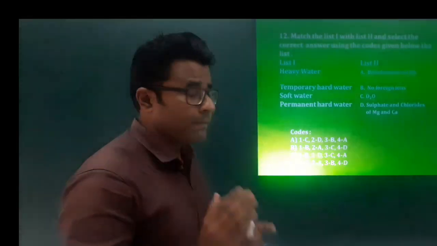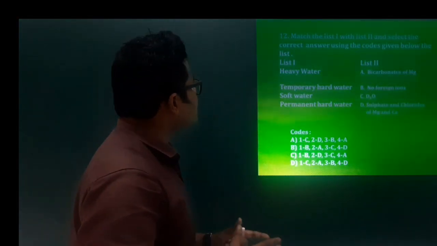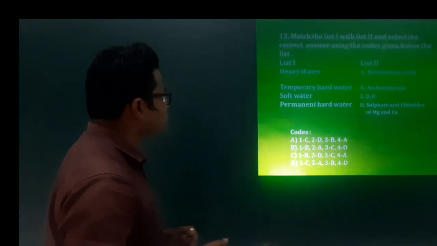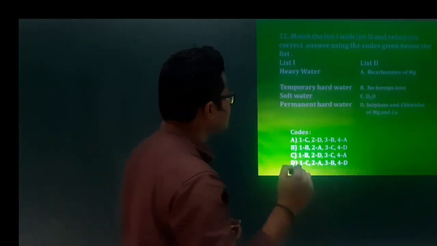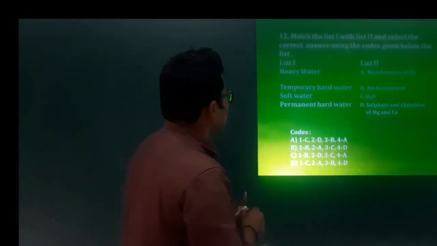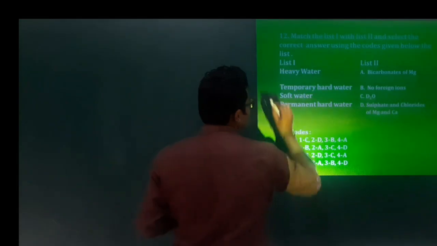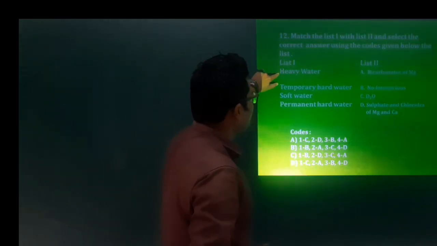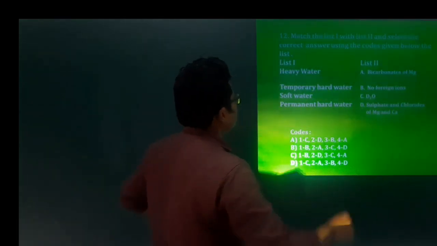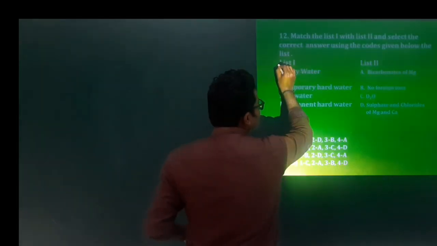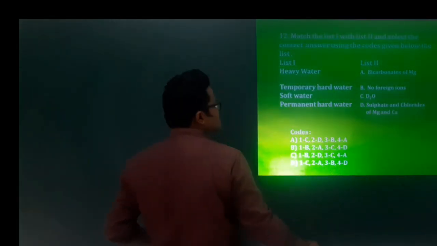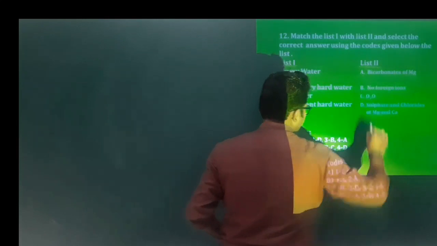Coming towards question number 12. Match list 1 with list 2 and select the correct answer using the codes given below. List 1, that is heavy water. We have to first match this list with list 2.